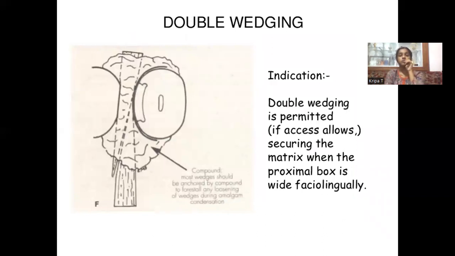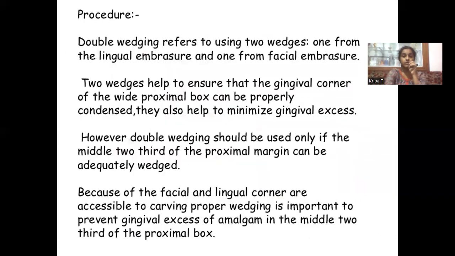Next is double wedging, permitting securing of the band when the proximal box is very wide facially. Double wedging refers to using two wedges, one from the lingual embrasure, the other from the facial embrasure. The two of them ensure that the gingival corner of the wide proximal box can be properly condensed to avoid overhangs.